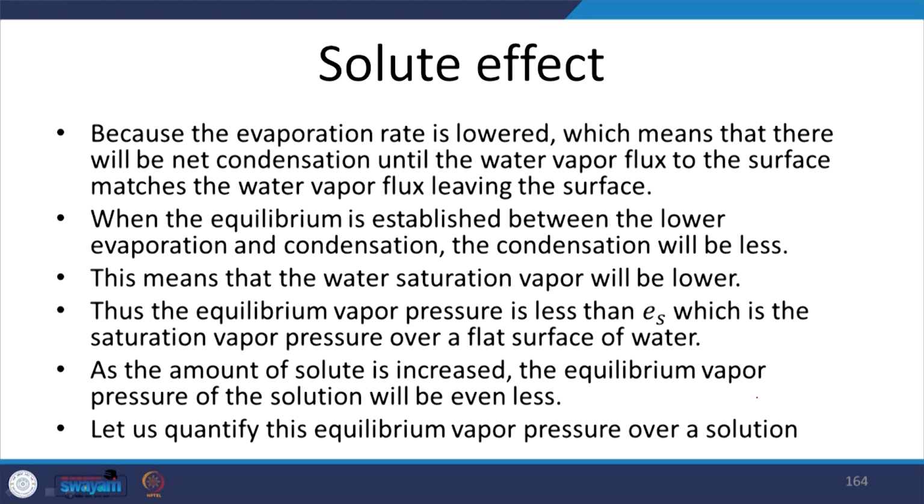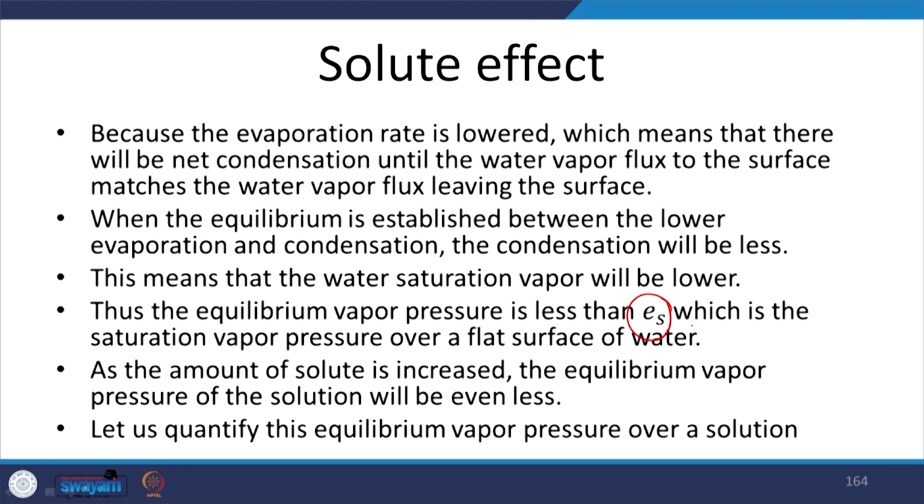Because of adding impurities or solutes, you have brought the level of saturation down to a lower level. Thus, the equilibrium vapor pressure is less than ES. ES is the saturation vapor pressure over a flat surface of pure water. As the amount of solute is increased, the equilibrium vapor pressure of the solution becomes even less.